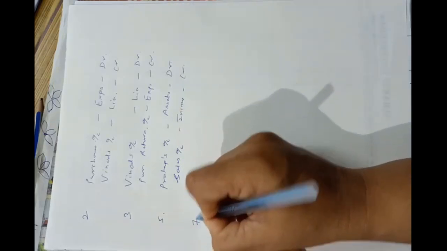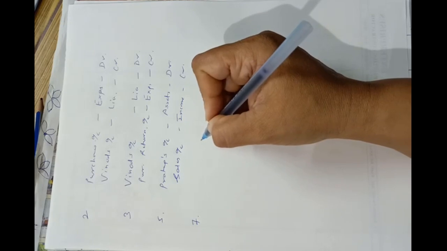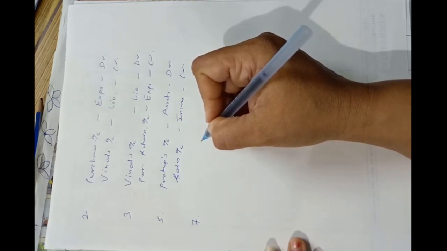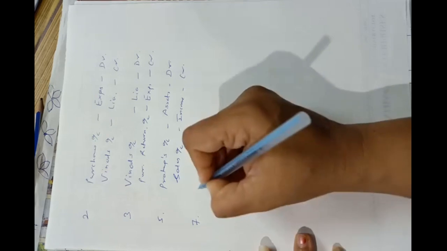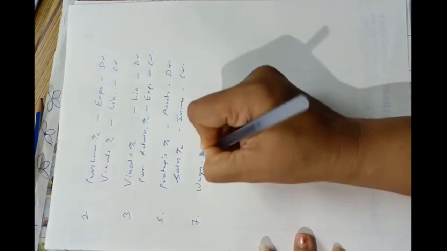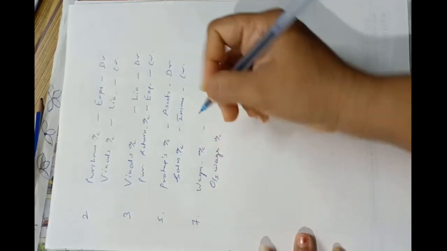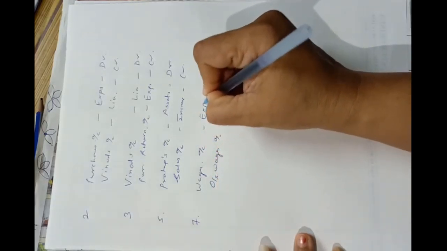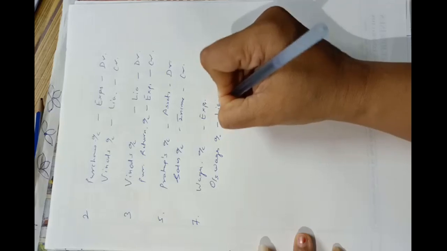Now 7th June, outstanding wages rupees 3,000. So here they told us that rupees 3,000 wages are still payable. Two accounts are involved here, wages account and outstanding wages account. Wages are our expenses and outstanding wages, as the amount is payable, it is our liability.